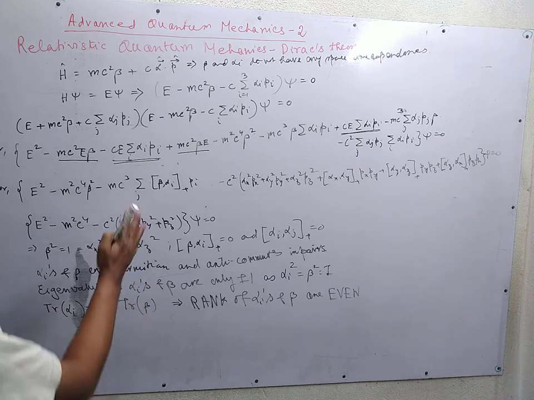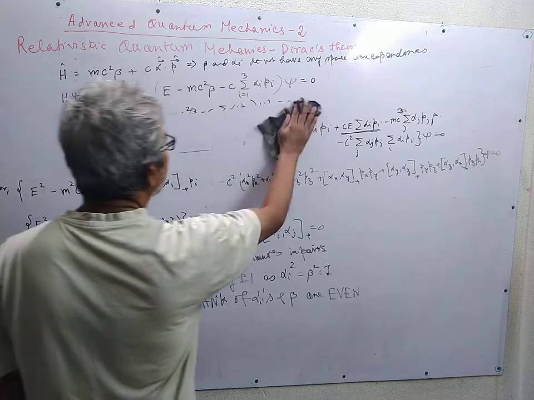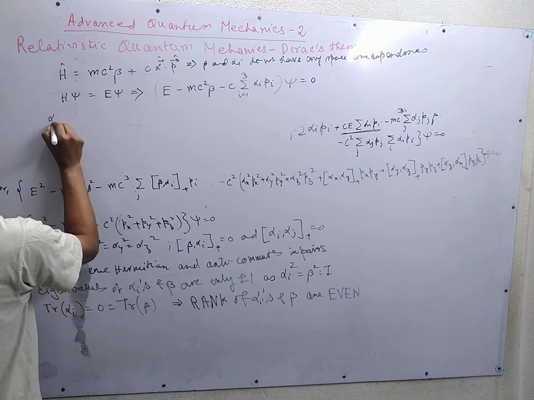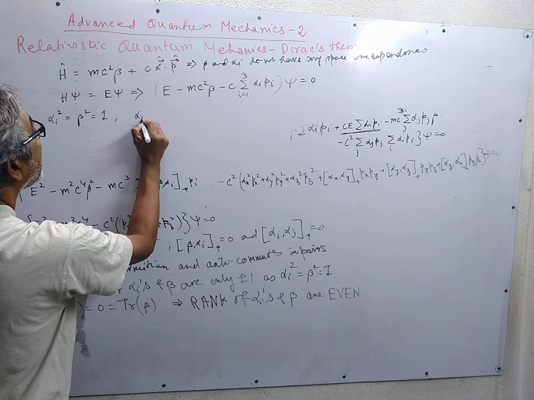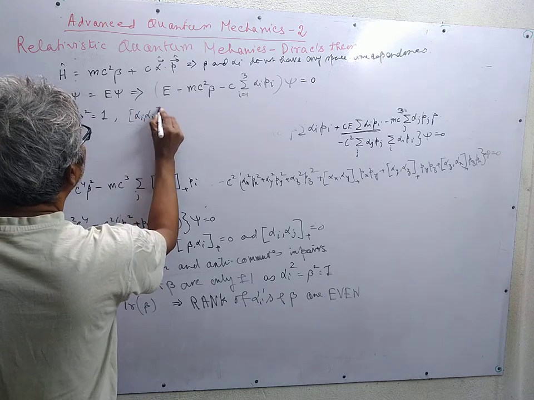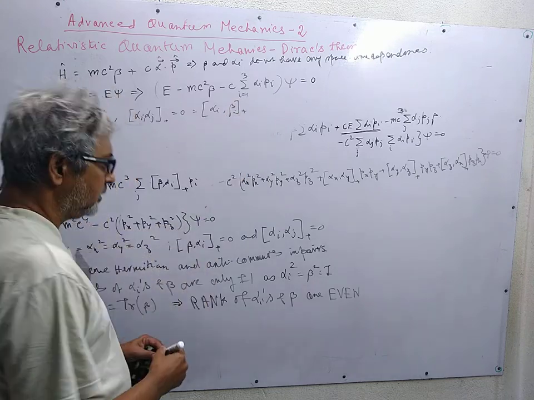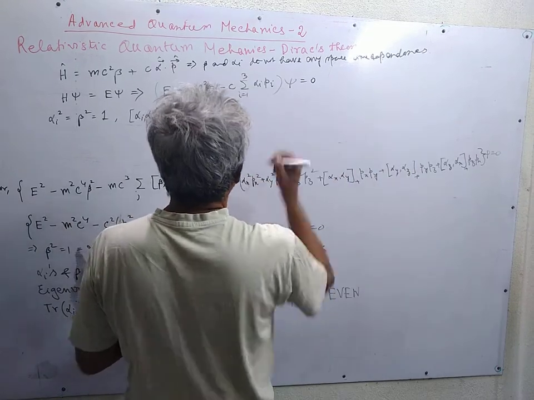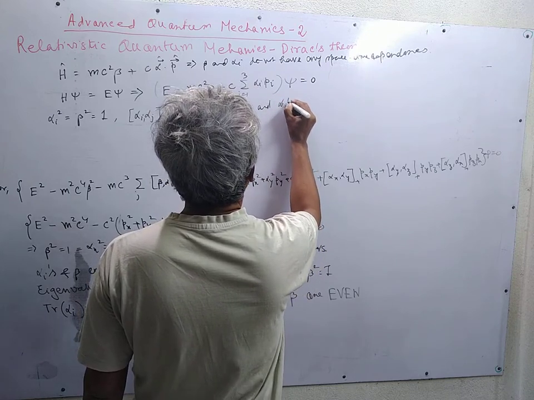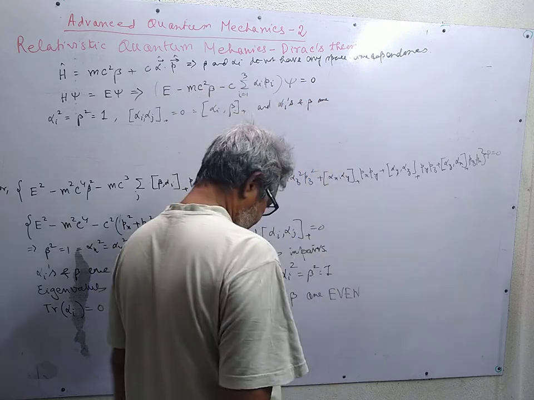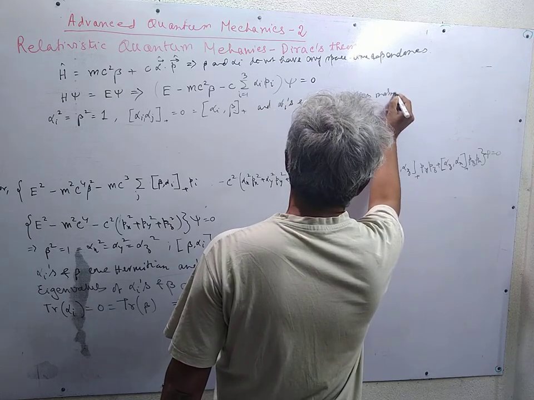Before going to Pauli's matrices, let me summarize the fact that they are Hermitian matrices of even rank.